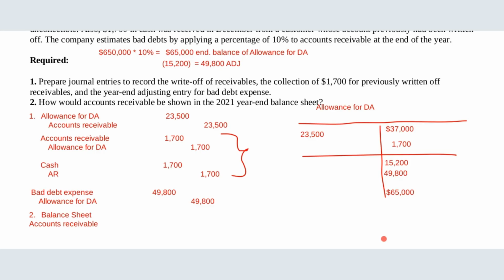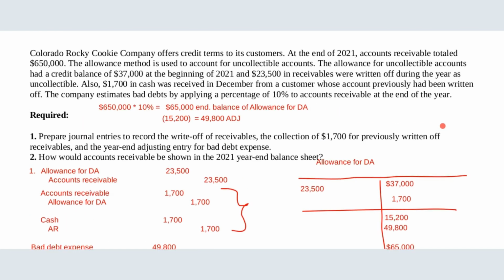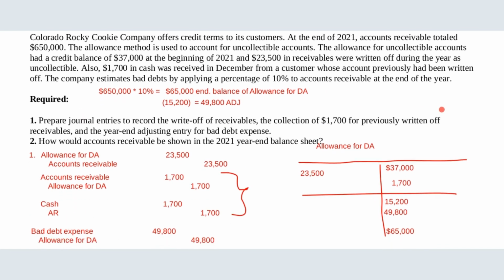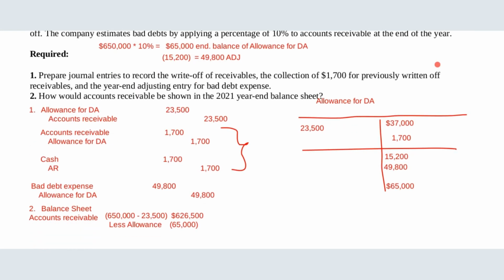So 626,500 minus 65 is not what I wanted it to be. Okay, let's look at this again. The accounts receivable has 650,000, right?